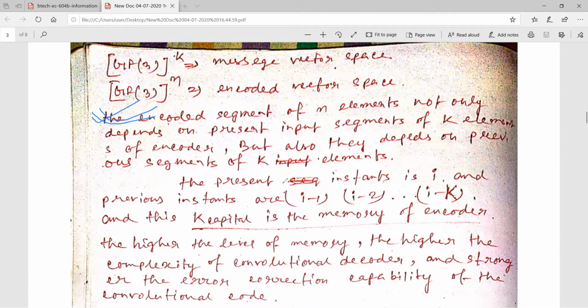That's why we are considering i minus 1, i minus 2, i minus k. And this i minus k, or i minus 2, or i minus 1, is defined as j, that means j minus 2 in those sequences. For C0, we have considered xj and xj minus 2. So j minus 2 is basically i minus 2, and this is the concept. So we are considering the previous inputs, the previous information bit sequence.